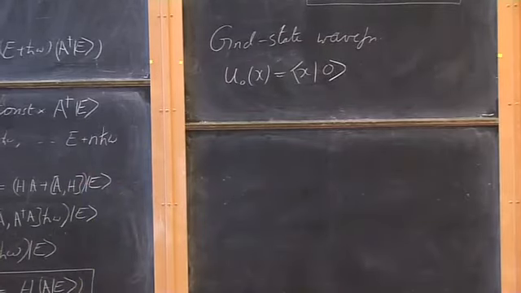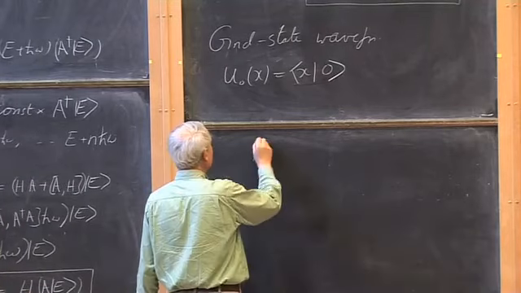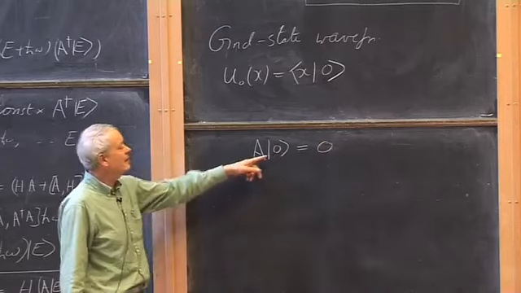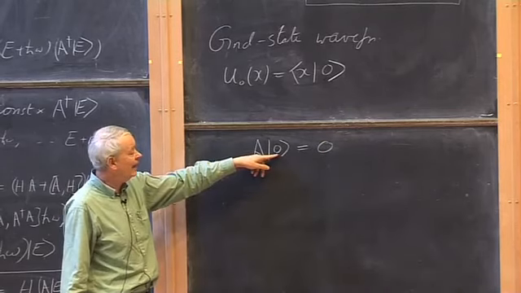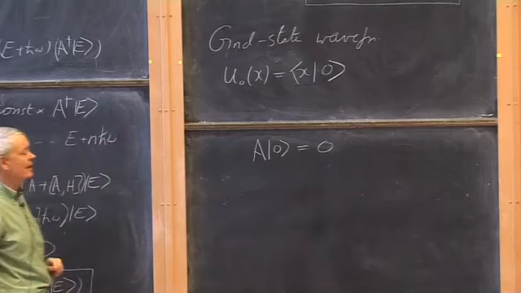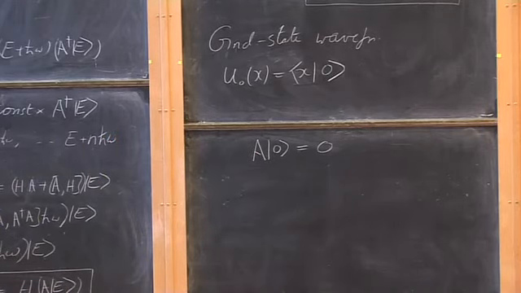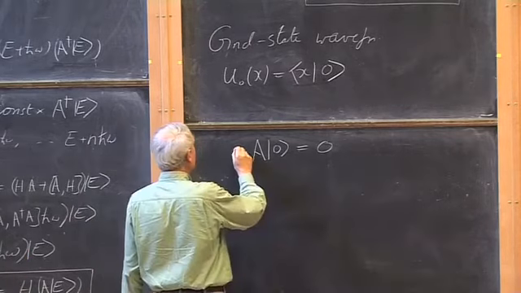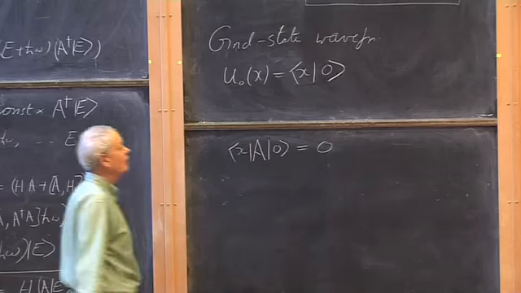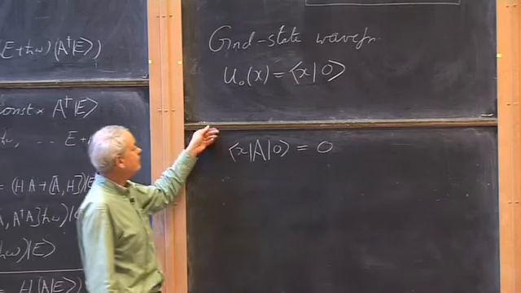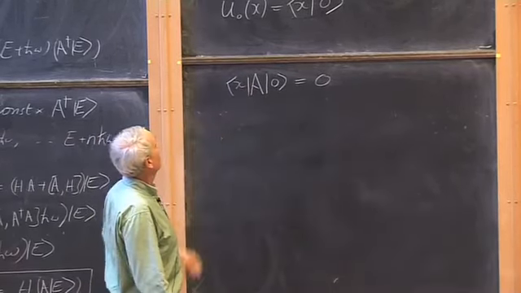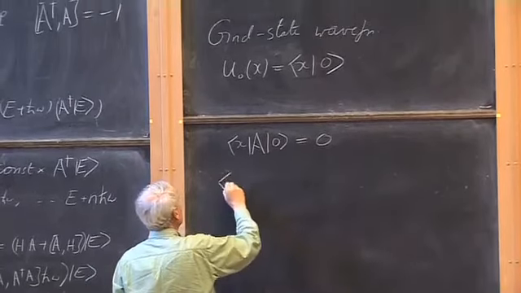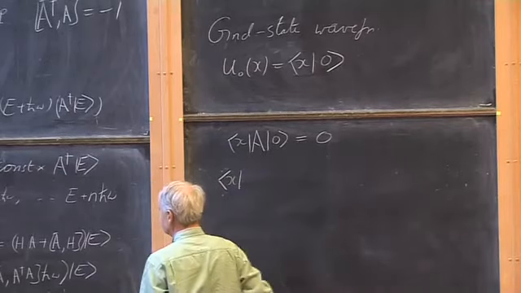And this satisfies a natty equation, because what we know is that a operating on |0> is equal to 0. The ground state is defined to be the one and only state that the destruction operator a kills stone dead. So if we multiply this equation on the left by <x|, we still have a valid equation. Let's write in what a is.